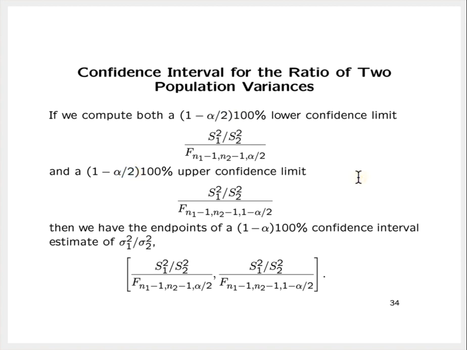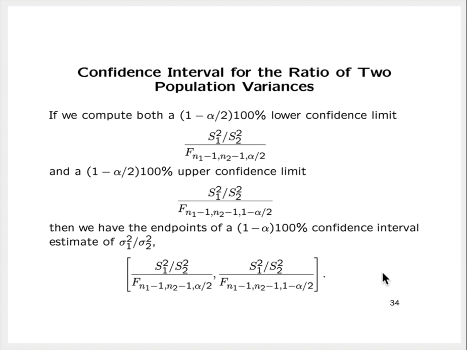If we put those two confidence limits together, we get a two-sided (1 minus alpha) times 100% confidence interval for sigma 1 squared over sigma 2 squared. So this would be the formula for a two-sided confidence interval that has a confidence level of (1 minus alpha) times 100%.